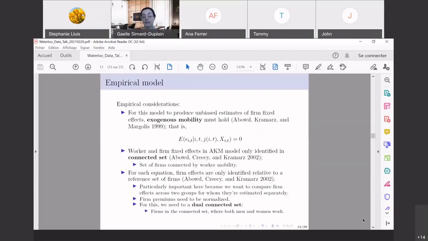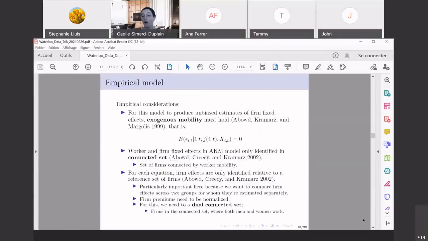It's essentially part of the reason why SEED is so appealing, right? We not only observe which firm the workers are working at, but we have lots of information on the firms, and we're going to use that to define a reference set of firms, so that we can compare the firm premiums for women and for men.